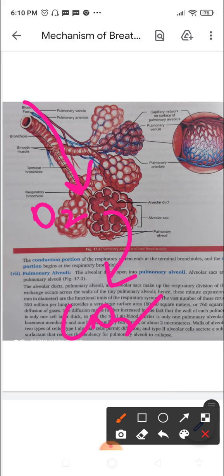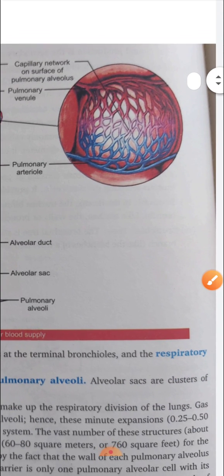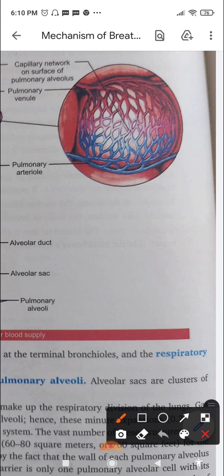Exchange of gas occurs across the walls of the tiny pulmonary alveoli. If we look at the walls of the alveolus, the walls are very, very thin, and you can see here the capillary that is shown.